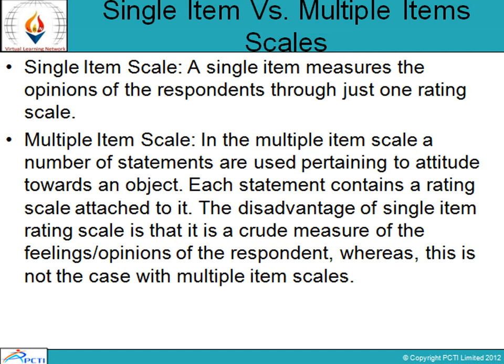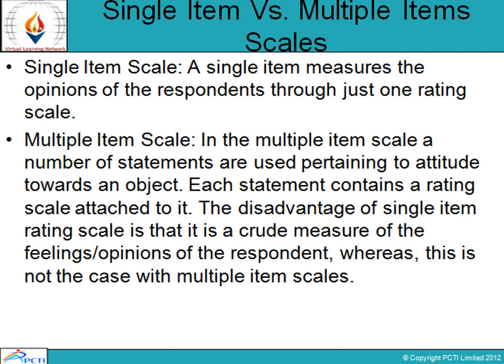A number of statements are used pertaining to attitudes towards an object. Now each statement contains a rating scale attached to it. The basic disadvantage of single rating scale is that it's very crude. It's in the very nascent stages of measuring the feelings or opinion of the respondent. Whereas this is not the case with the multiple item scale.